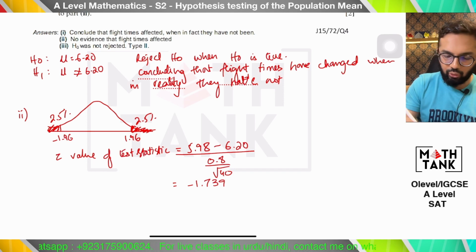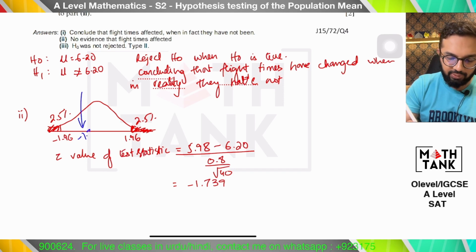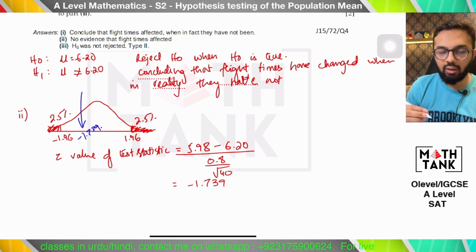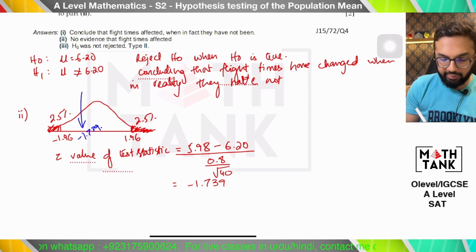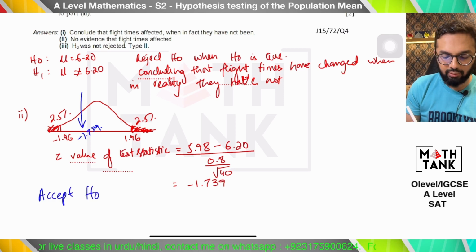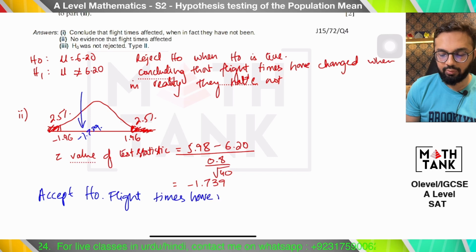Okay, that is not in the rejection region. Minus 1.739 should appear somewhere here. So not in the rejection region, in the acceptance region. So accept H naught. Flight times have not changed.